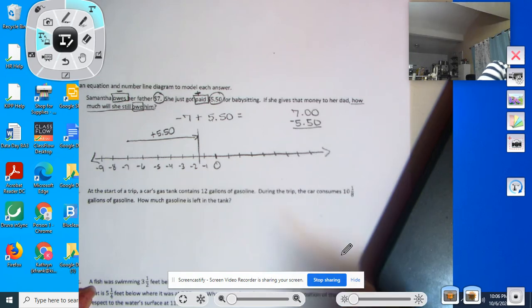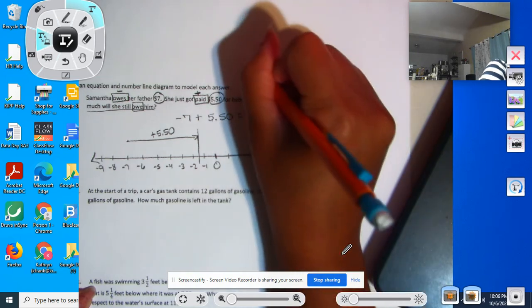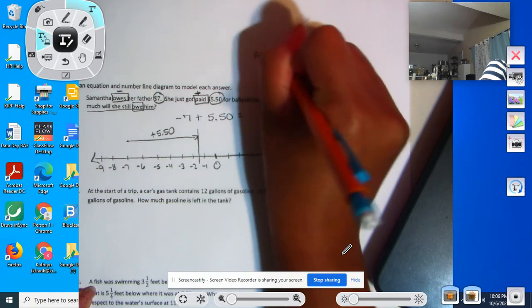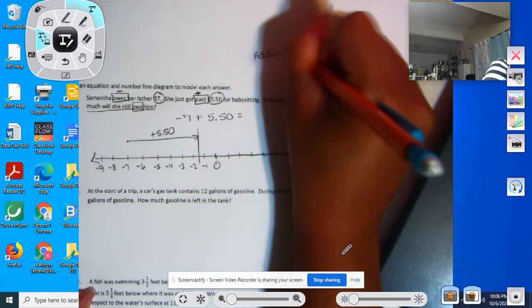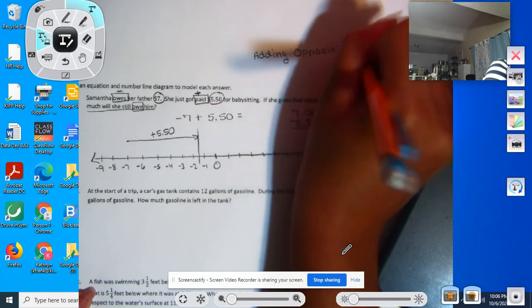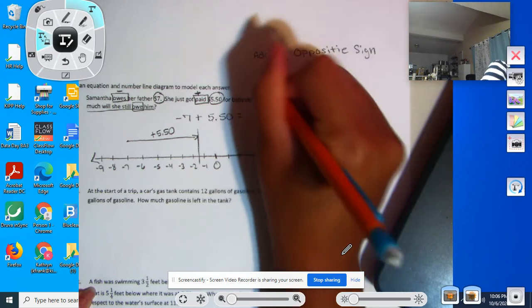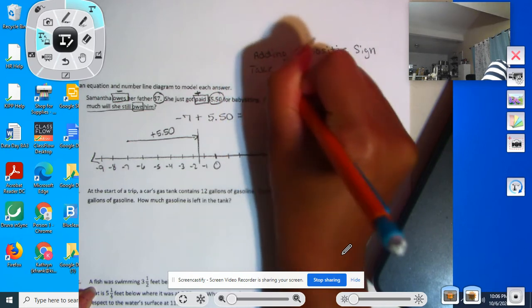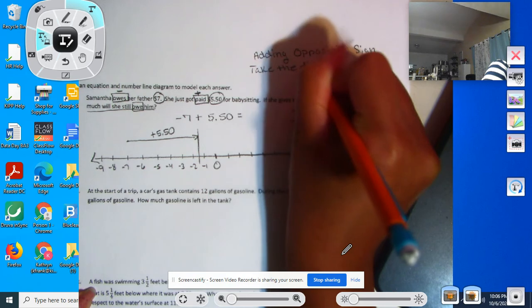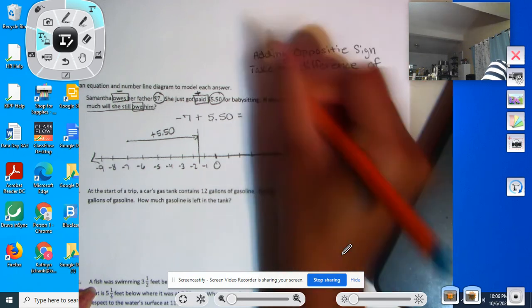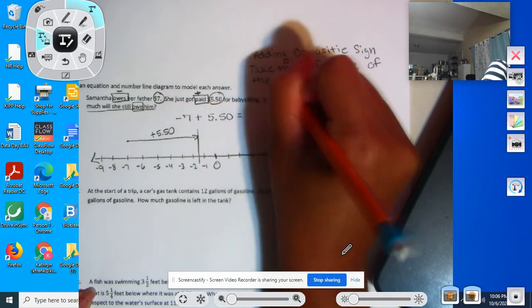And how did I get that? Once again, the rule for adding opposite signs says that I can take the difference of the absolute values.